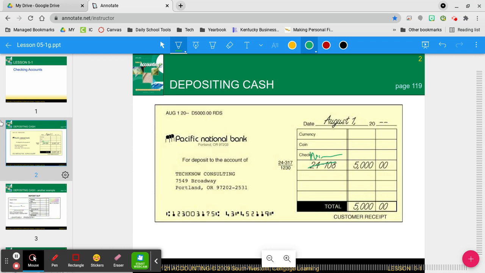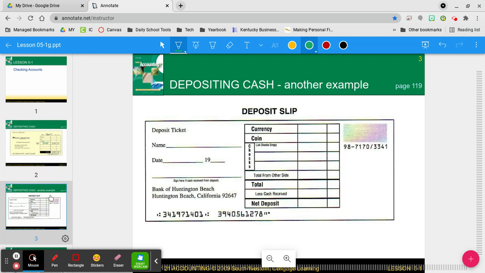As far as an actual deposit slip that you might see for yourself, this one is old date-wise, but it's still pretty similar to what you'll see. Some of the ones you may have may not say this. It may just say cash, and you put all your cash on one line.